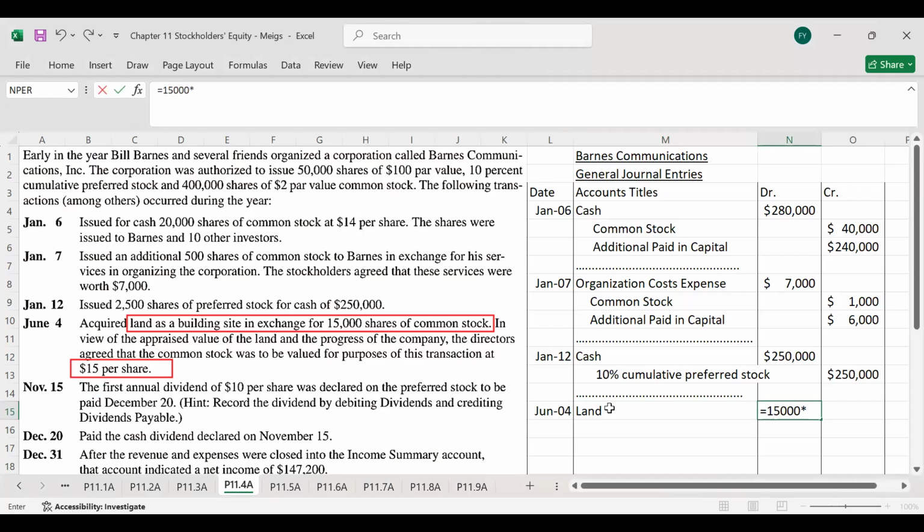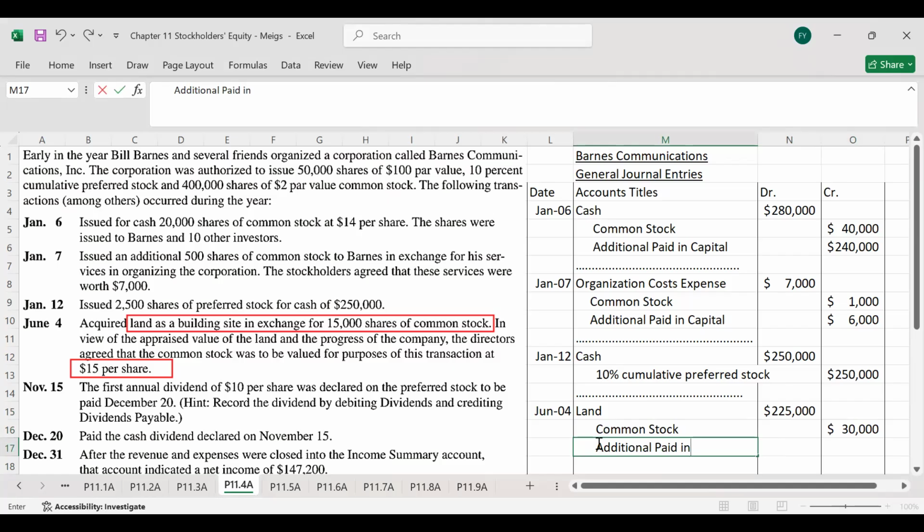The amount is 15,000 shares multiplied by $15 per share. So this is the amount of land, whereas it is purchased by issuing common stock. So 15,000 shares were issued, whereas the par value per share is $2, and the remaining amount is the additional paid in capital.